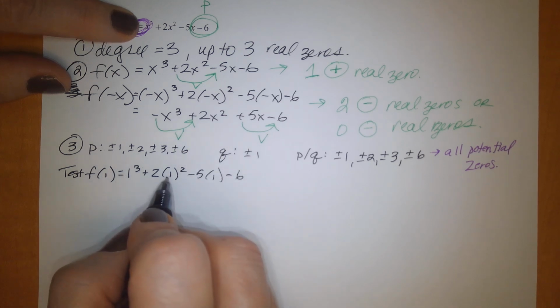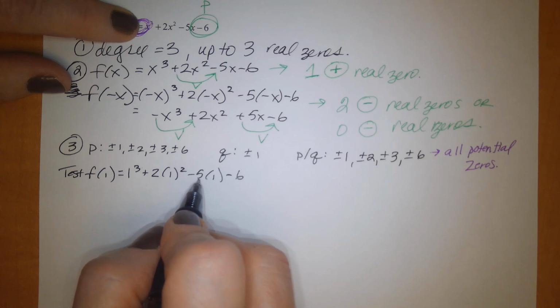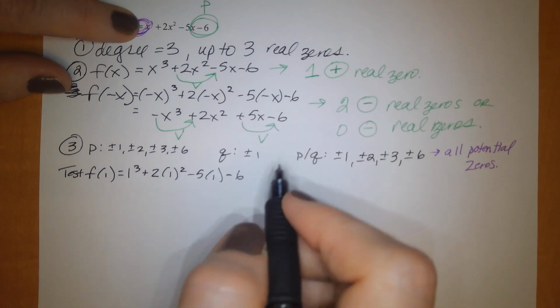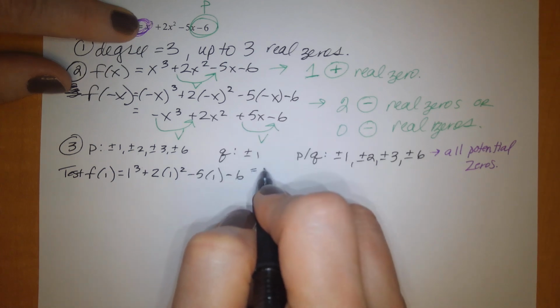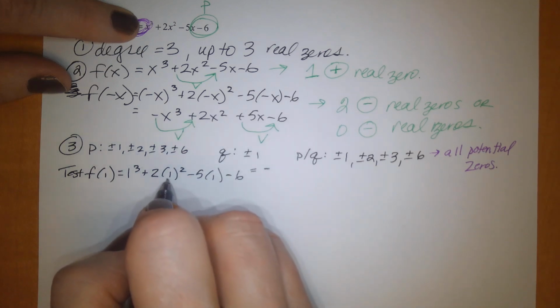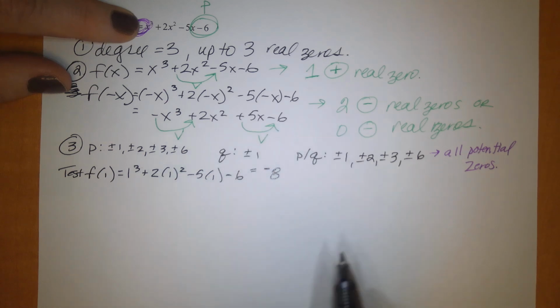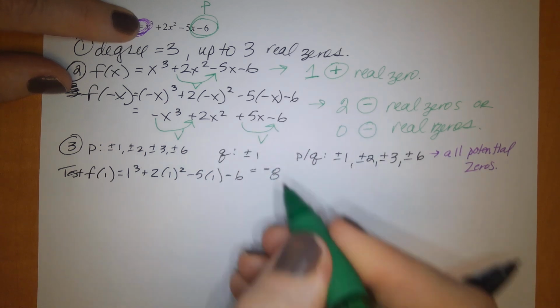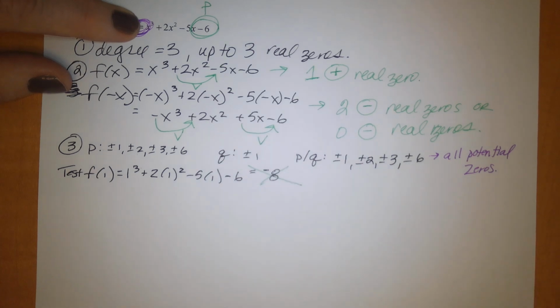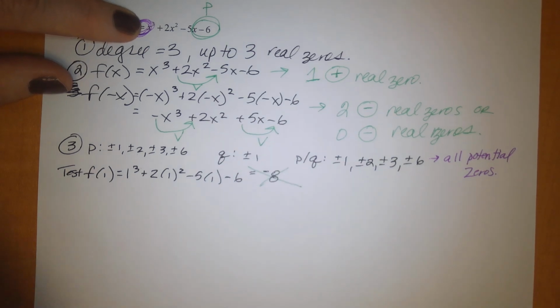That's 1 plus 2 is 3, minus 5 is negative 3, minus 6 is negative 9, or is it negative 8? 1 plus 2 is 3, 3 minus 5 is negative 2, that's negative 8. That's a remainder. So, no, that is not a zero.